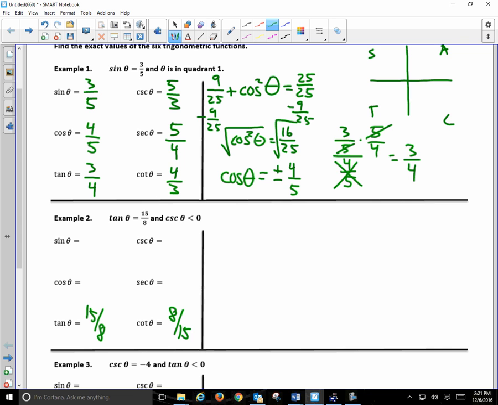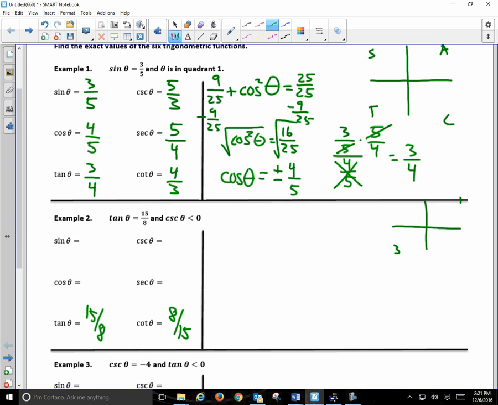So let's figure out the quadrant. Tangent is positive. Which are the quadrants in which tangent is positive? First and third. So I'm either in the first quadrant or the third quadrant. Cosecant is less than 0. What does it mean to be less than 0?